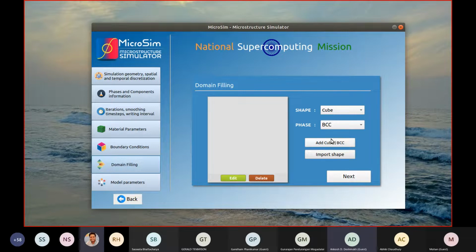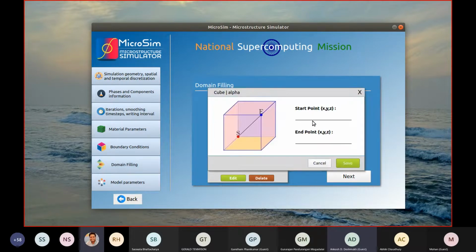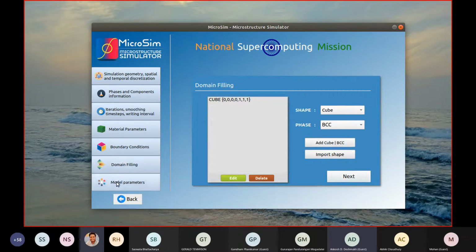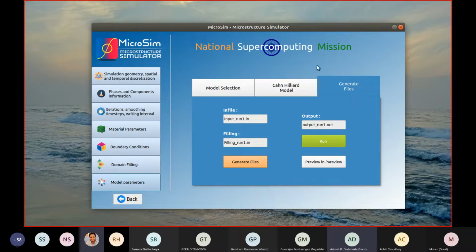So I'll just try to add one for the sake of completing the profile. This is not going to matter right now, but anyway we have to proceed further. Okay, we are in there.